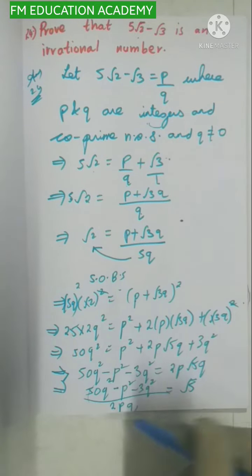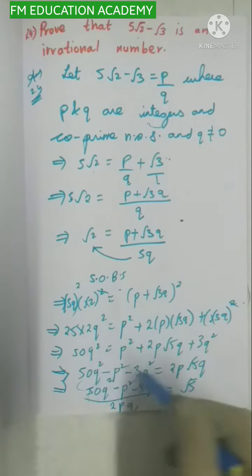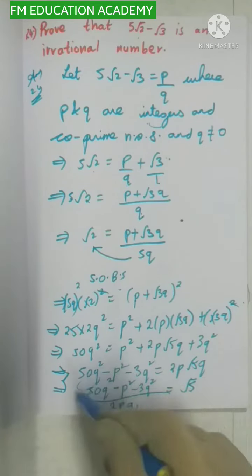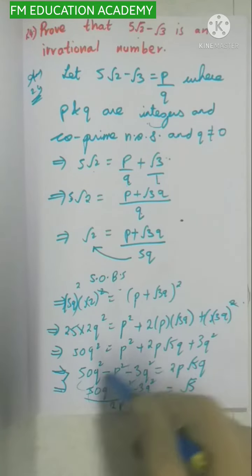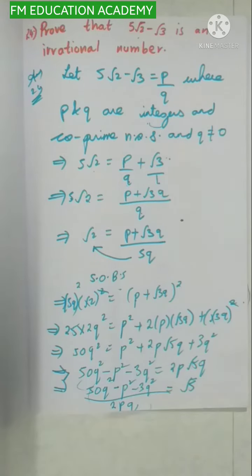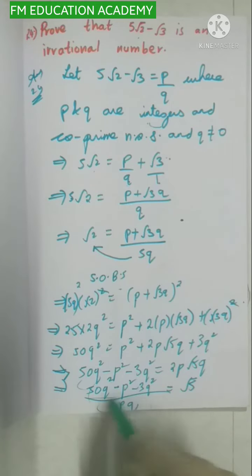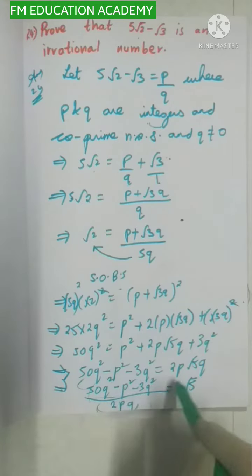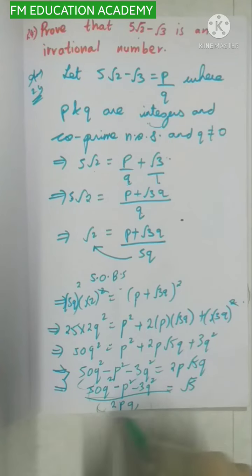So now finally we observe that this is of this form. See the numerator: this numerator is 50q square minus p square minus 3q square, and the denominator here is 2pq. We can observe that this total here is p and this total here is q, or this total is a and this total is b.